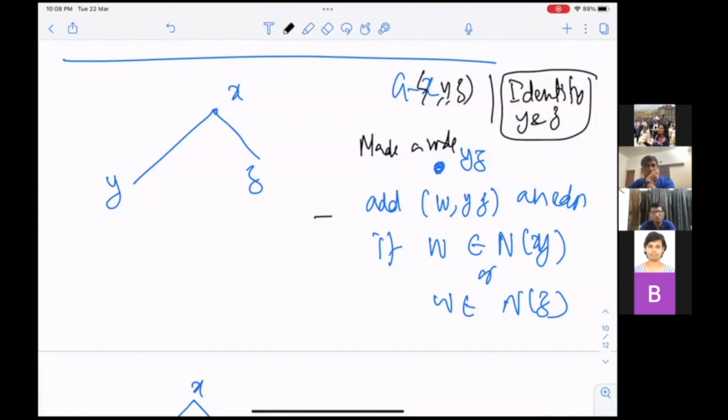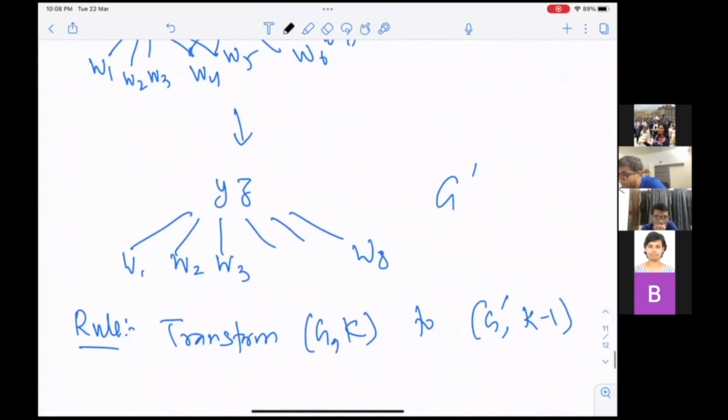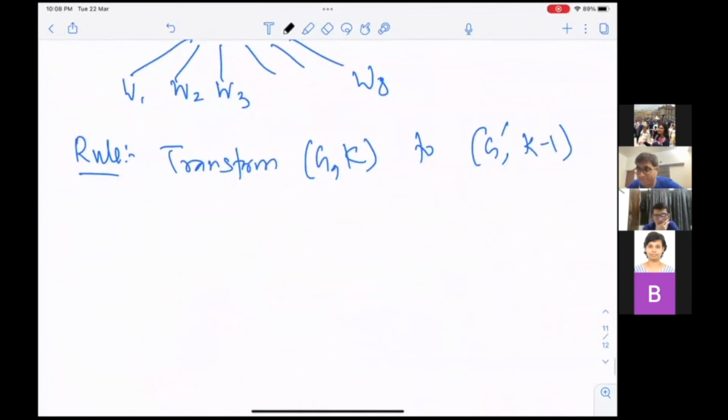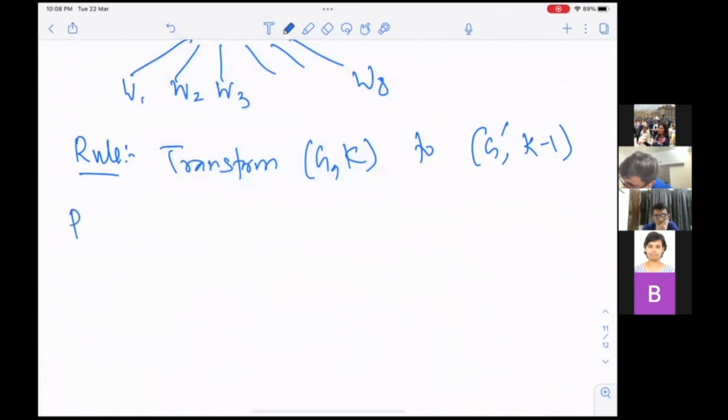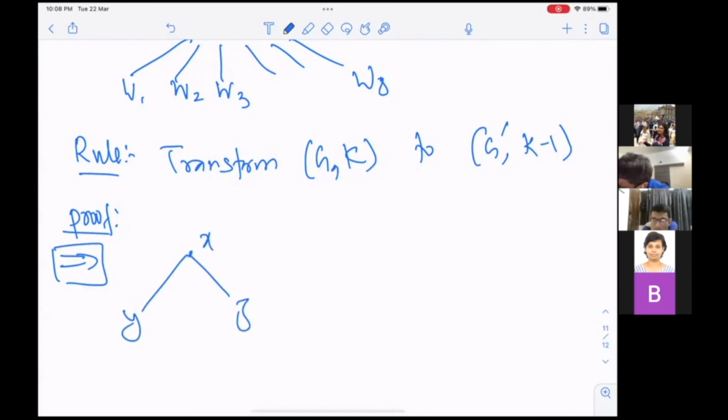Okay, good. So now let's prove correctness. Okay, let's see if we manage to do this. Okay, let's prove the forward direction. X is there, YZ is there. Okay.